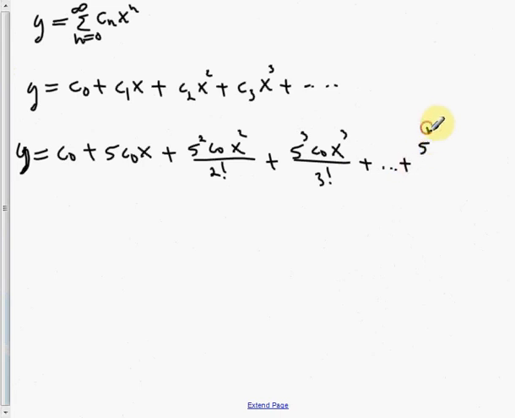This looks like 5 to the n times c naught times x to the n all over n factorial. This is the n there. All right. That's the pattern. That's step 6. A little bit of shorthand.